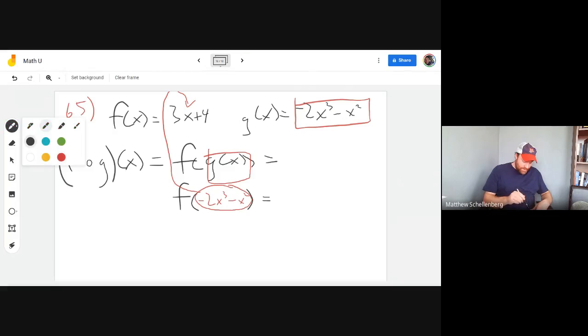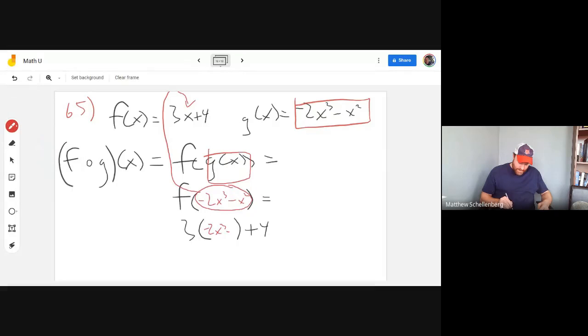So this equals 3 times x plus 4, but our x is not x anymore. Our x is now minus 2x cubed minus x squared. And so that will give me minus 6x cubed minus 3x squared plus 4. Nothing to simplify. That is correct. That is our answer for number 65.